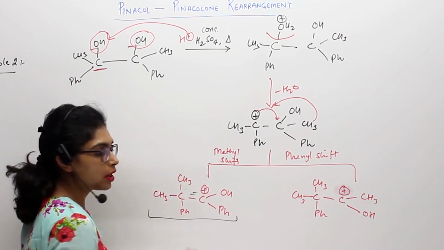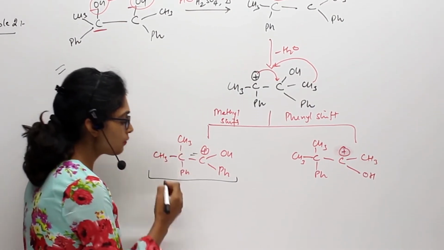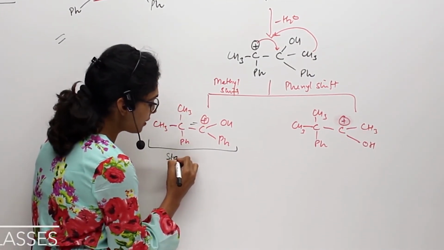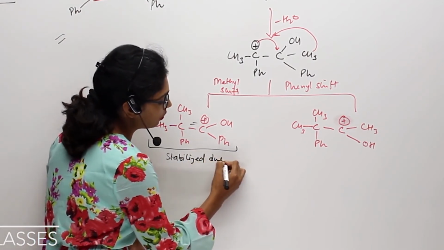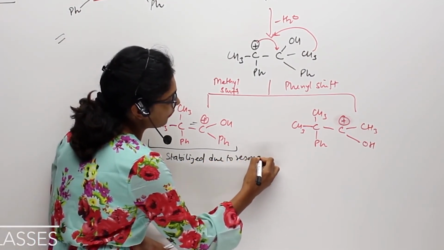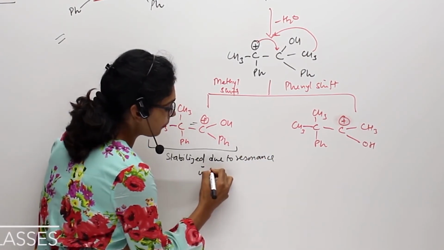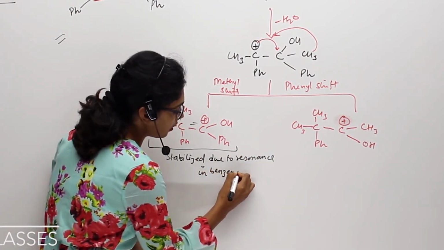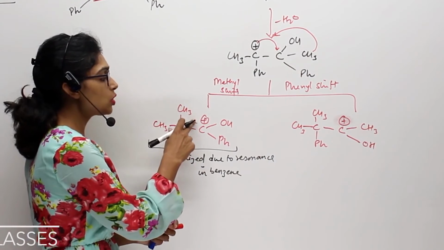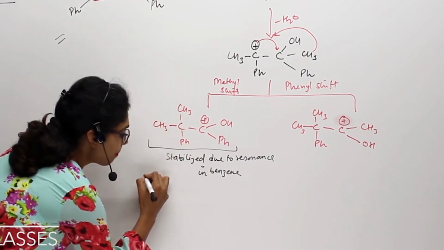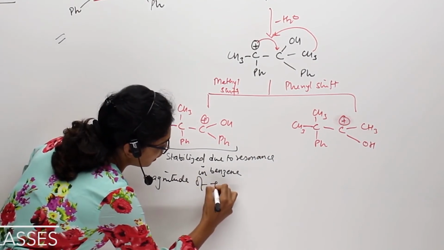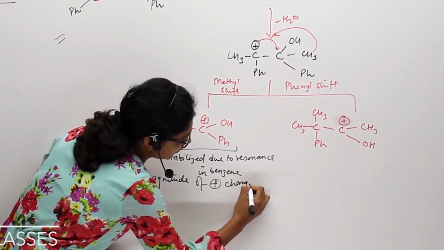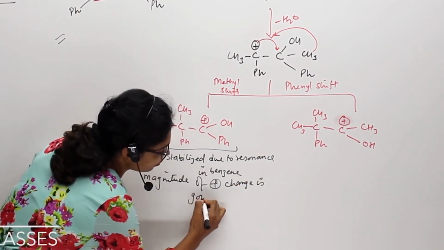This positive charge will get stabilized due to resonance in benzene. So basically the magnitude of plus charge is going to reduce.